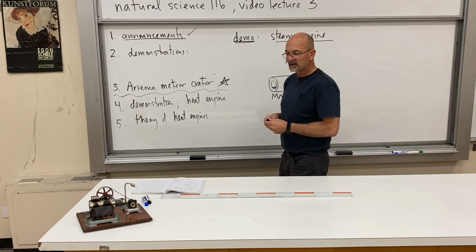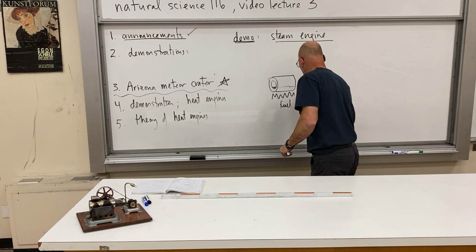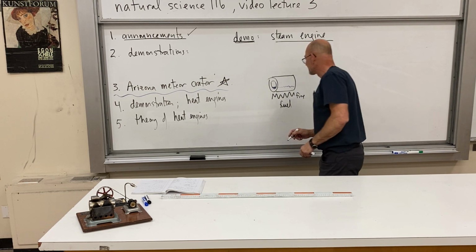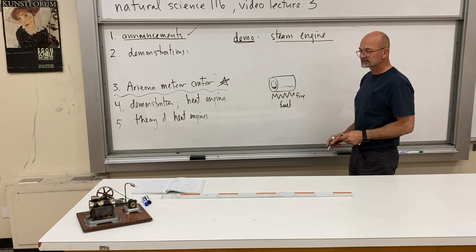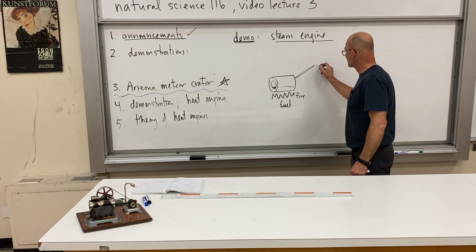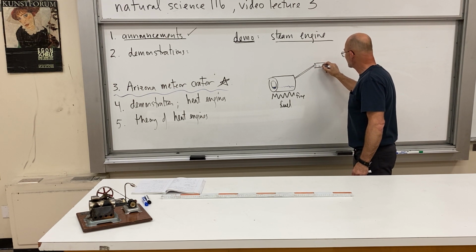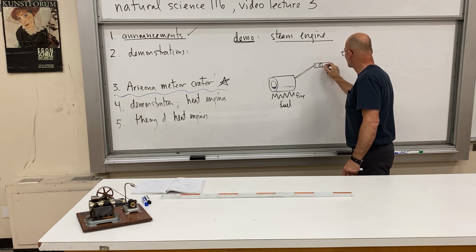If I have some red, and I don't have some red, but yeah. So we've got a fire burning here, and that's going to heat the water in the boiler. Then there's going to be some connection to a cylinder. The cylinder has a piston inside.